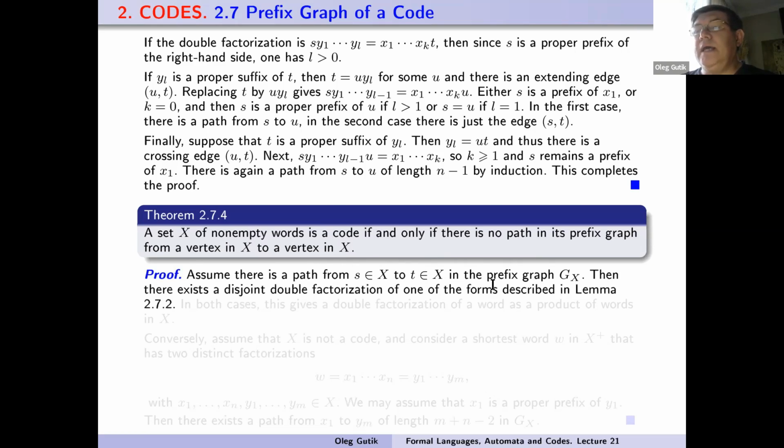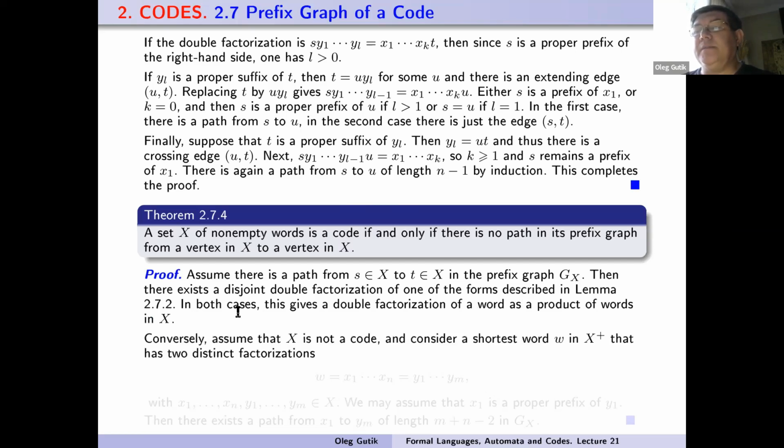Then there exists a joint double factorization of the form described in Lemma 2.7.2. In both cases, this gives a double factorization of a word as a product of words in the set X.